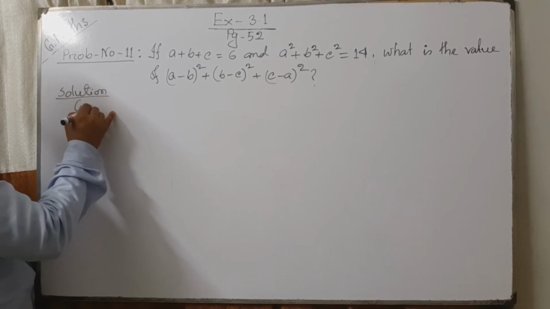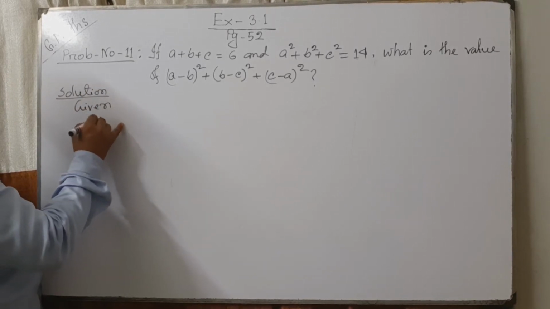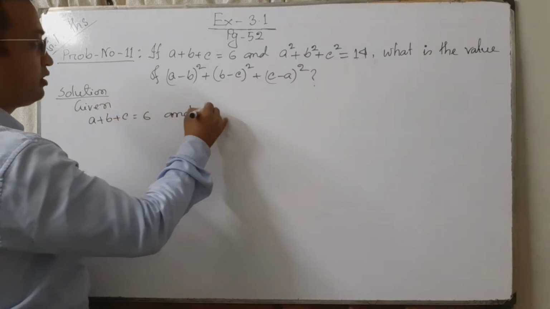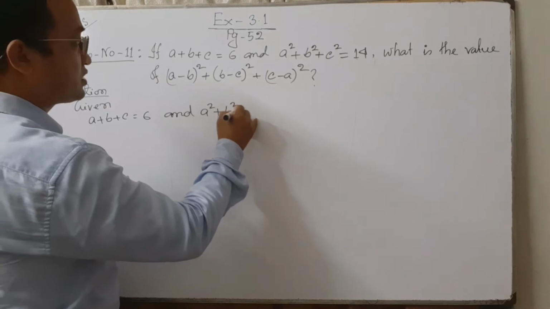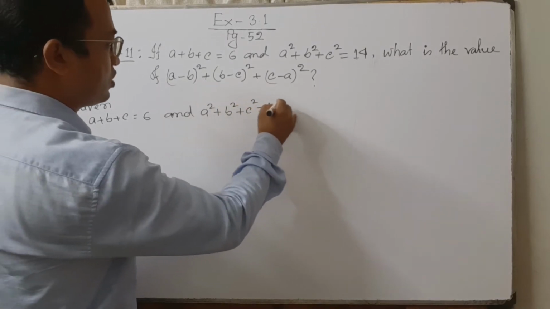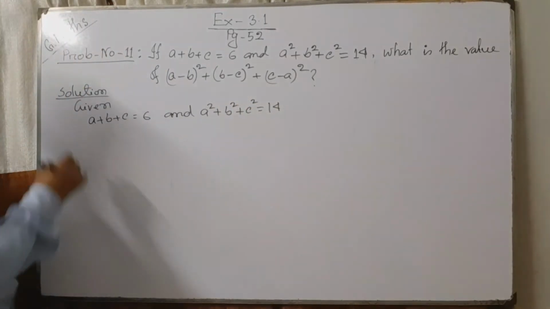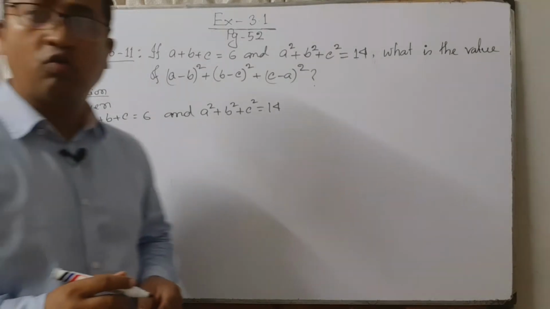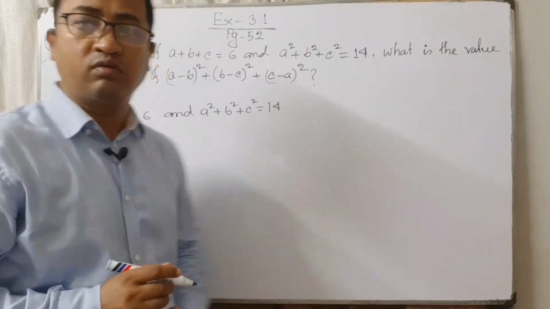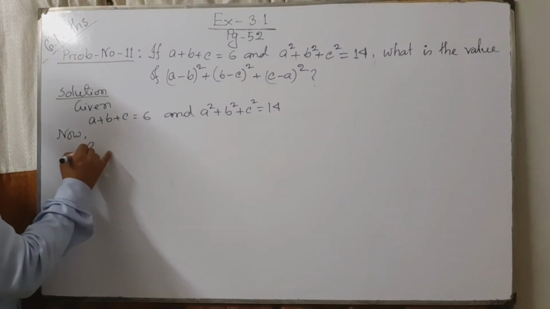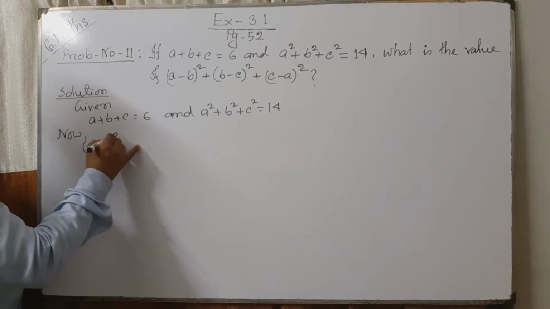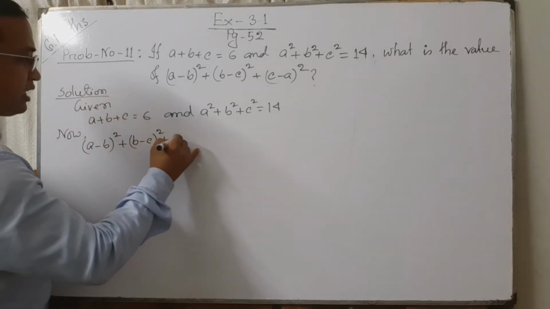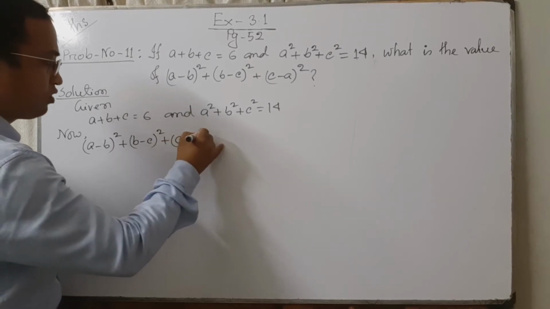Given a plus b plus c equals 6 and a square plus b square plus c square equals 14. Now we will write only the expression: a minus b whole square plus b minus c whole square plus c minus a whole square.